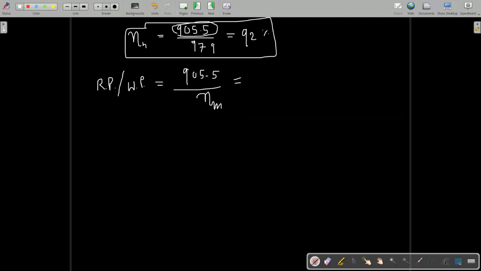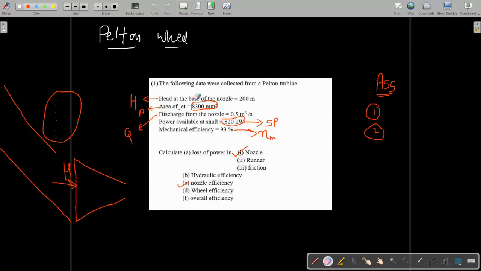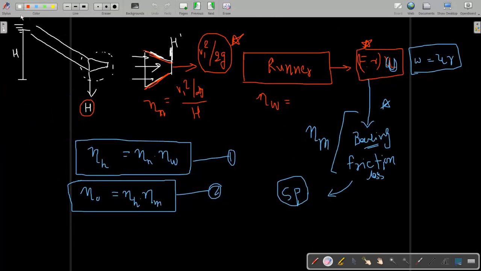Sorry, it's my mistake. Actually, the power at the shaft, as seen in the figure here, I've told you that mechanical efficiency is shaft power divided by runner power or wheel power.